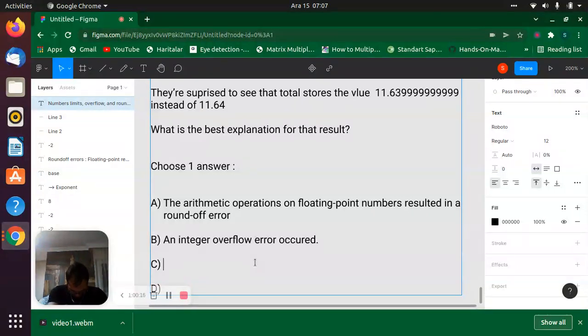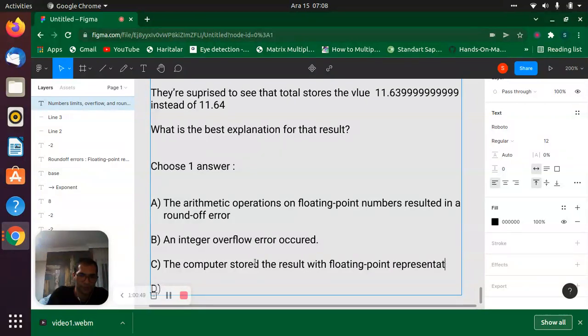Anyway, the computer stored the result with floating point representation instead of integer representation.